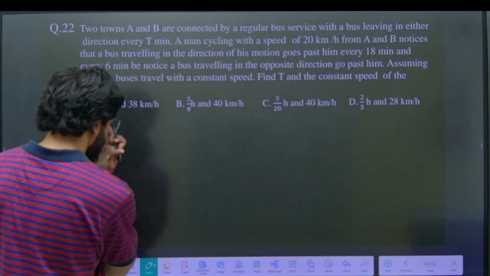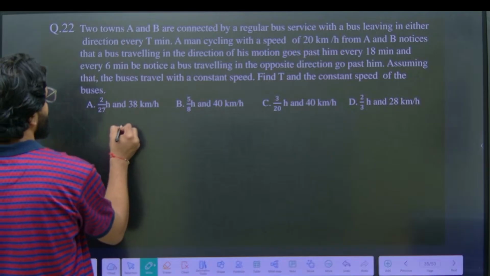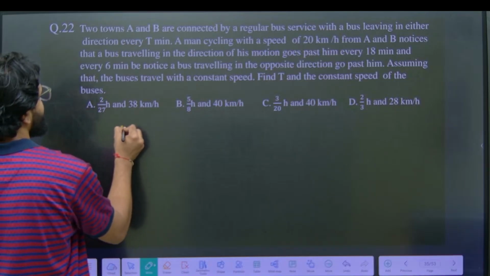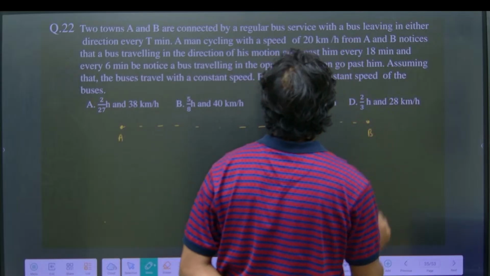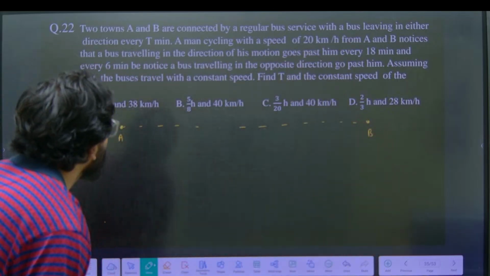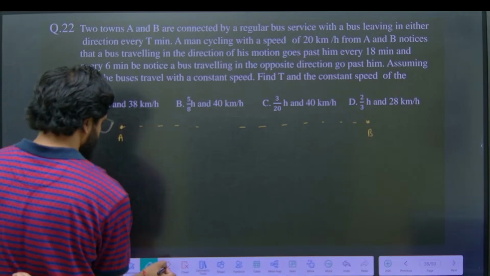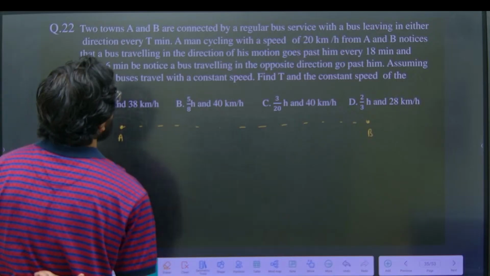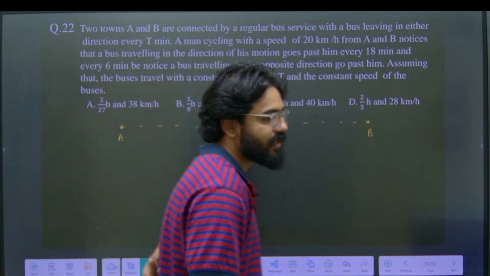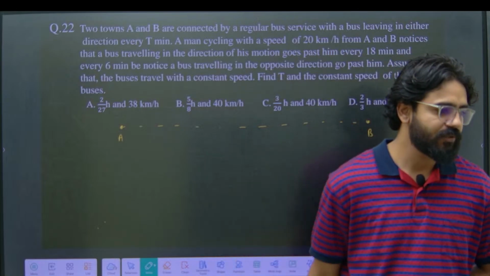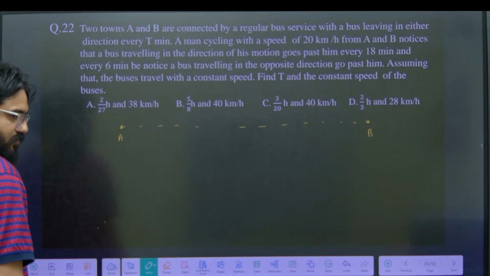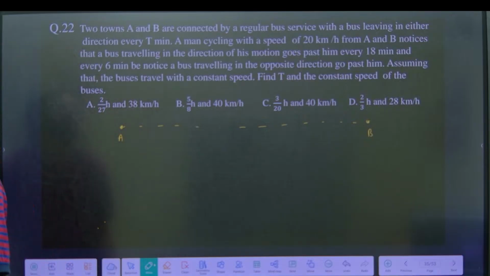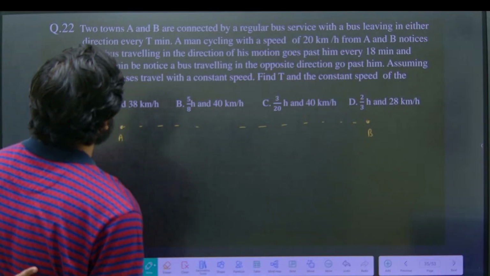If this is A, and if this is B, so the man, again we have to apply the relative motion concept.